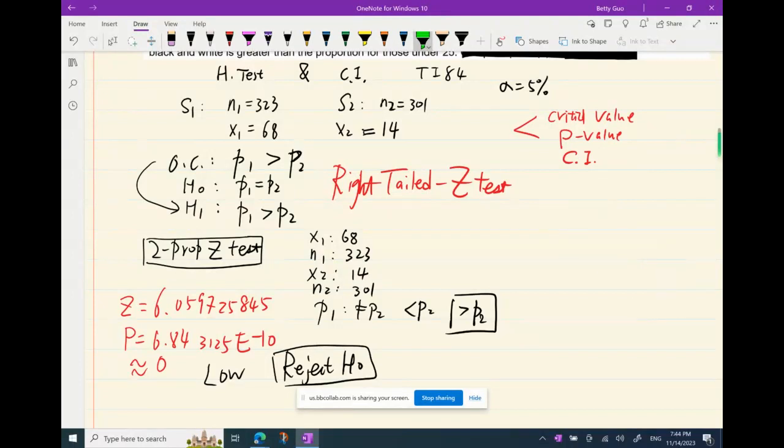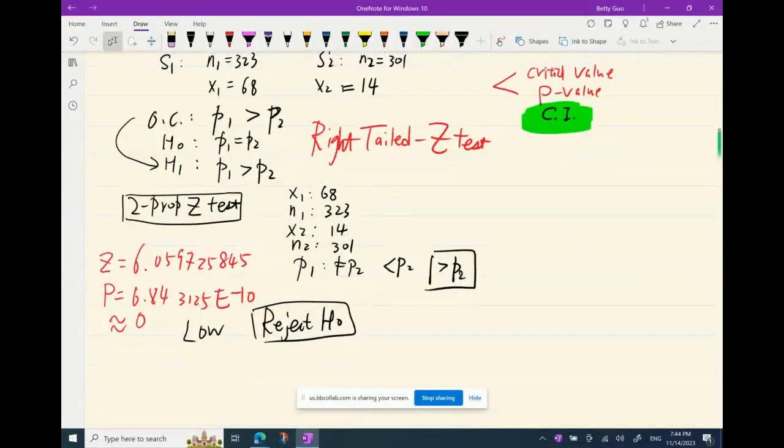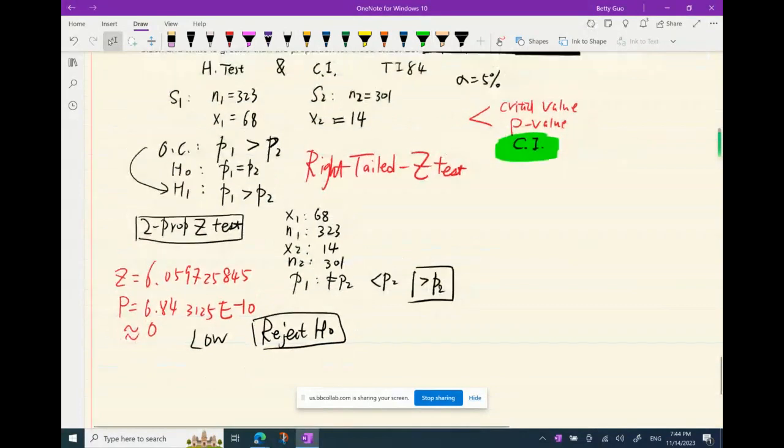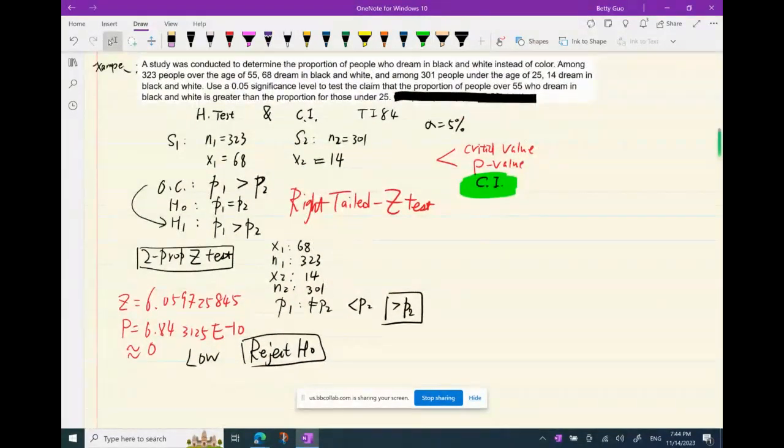Next part, we are going to use the confidence interval method to test the claim. Let's see how that works.